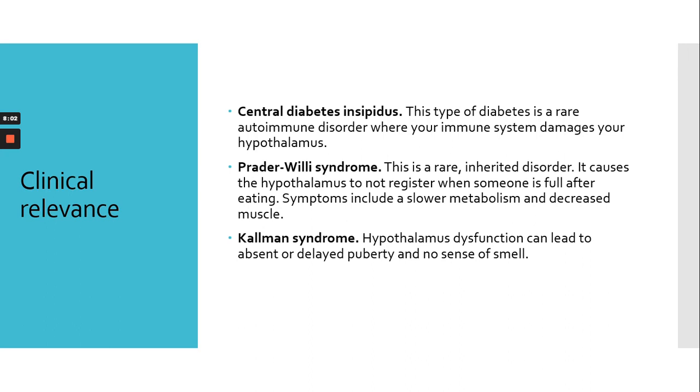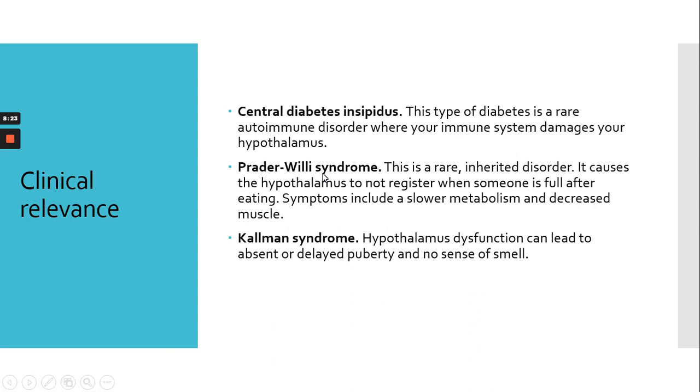Because ADH, if you remember, is an important hormone acting on the kidneys for the absorption of water. But if it's not there because of the central diabetes insipidus, then there is frequent peeing and the thirst increases, so there's more need of water in the body.